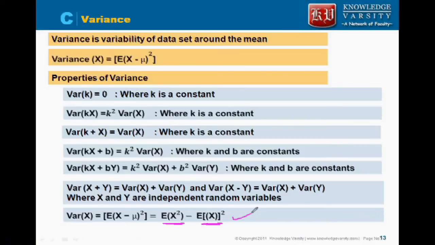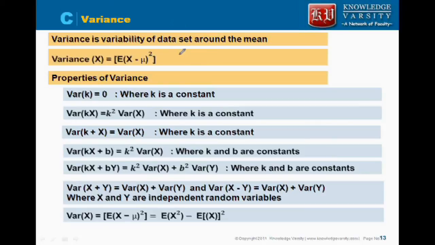Just remember this. The variance is the variability of a data set around the mean. The variance formula is the summation of p_i times (x_i minus expected value of X) whole square. This is the variance formula.